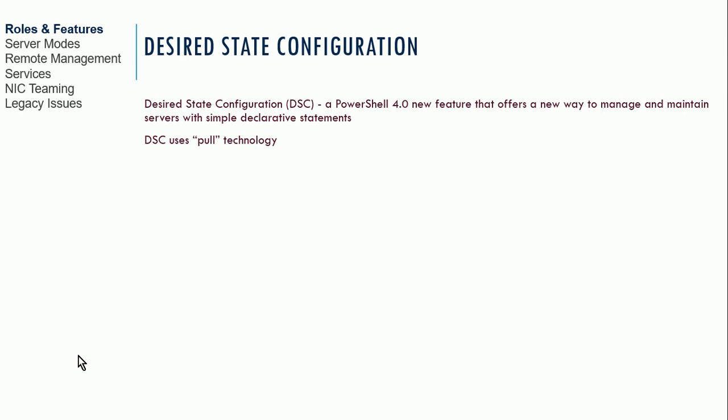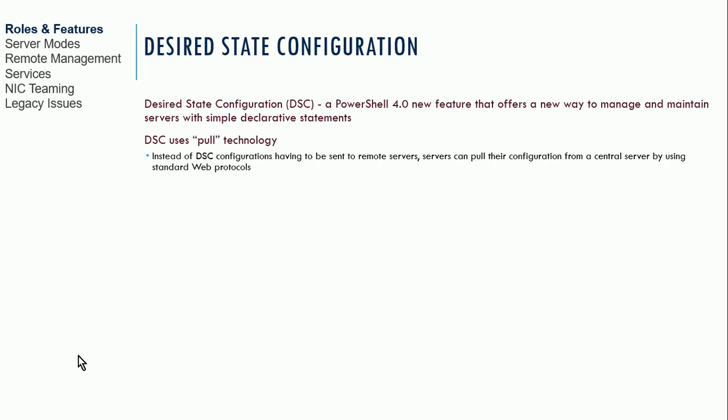Desired State Configuration is a tool in Windows 2012 which allows you to use PowerShell to automate the deployment of roles and features to other servers. Basically, it lets you set up a remote server that can host, with a web service, access to the roles and features, so that you can write a sort of batch command to install these roles and services on remote systems.